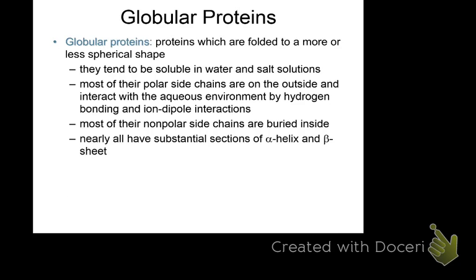And they usually have large sections of highly developed secondary structure, whereas with collagen, there's not a big variation because they all look about the same. They all have to be long fibers, but with the globular proteins, there are lots of different variations. You can have beta sheets, you can have alpha helices, you can have what they call a beta barrel or an alpha beta barrel, which I'll show you pictures of in a moment.